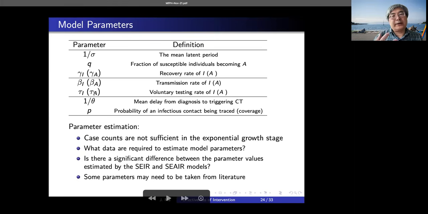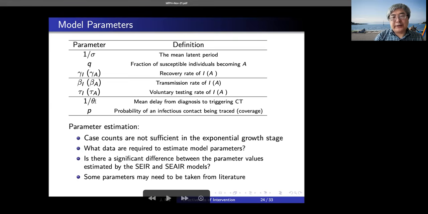So we assume that infectious symptomatic individuals would go to test at a rate tau I. Asymptomatic individuals can also go to test at a rate tau A, but actually for the very early stage in all these 3 different provinces, they don't allow asymptomatic transmission testing. So tau A would be effectively 0 in the early stage. So that simplifies our model.